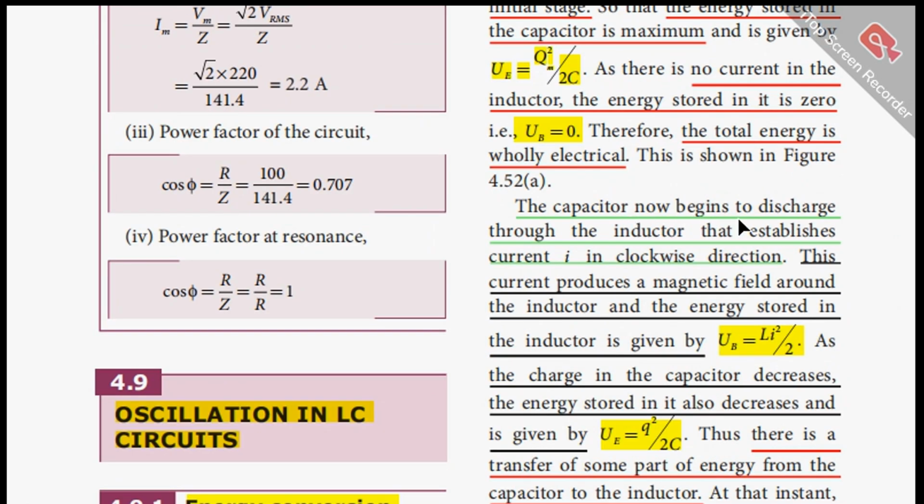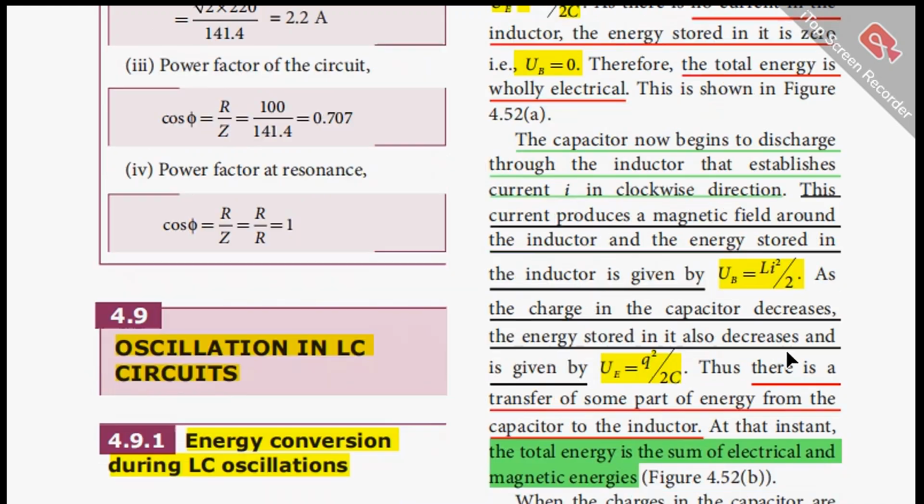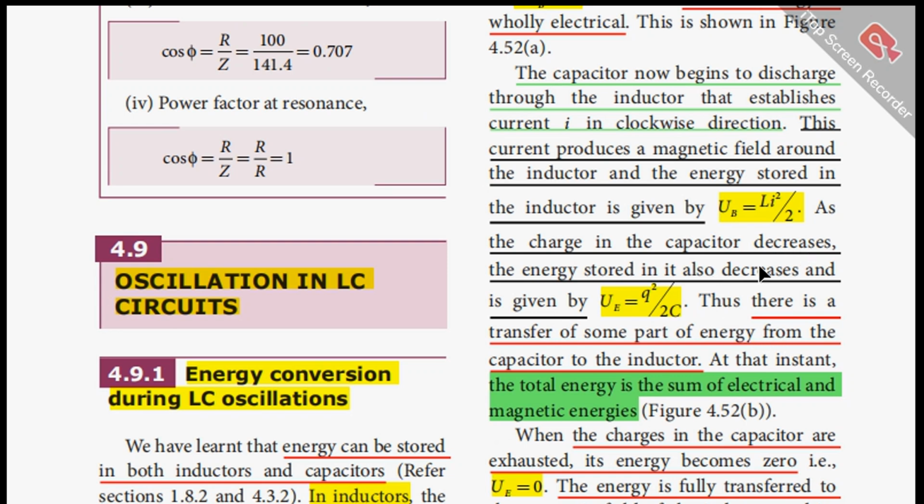Then, the capacitor now begins to discharge through the inductor that establishes current I in the clockwise direction. This current produces a magnetic field around the inductor, and the energy stored in the inductor is given by the expression UB = Li² / 2. As the charge in the capacitor decreases, the energy stored in it also decreases, and is given by the expression UE = Q² / 2C.